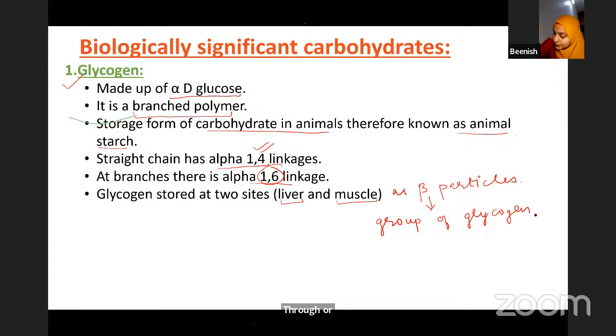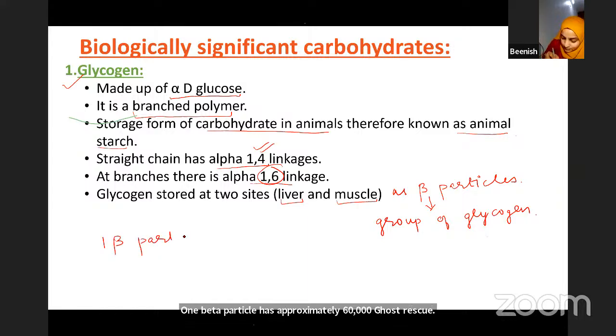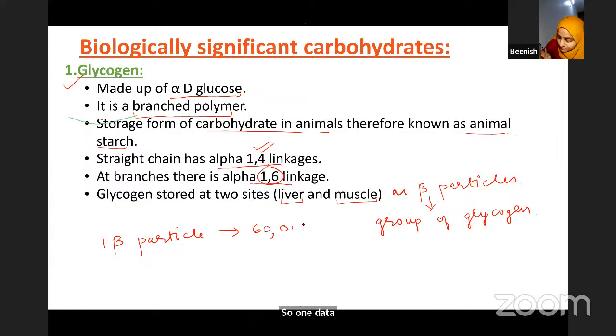One beta particle has approximately 60,000 glucose residues.